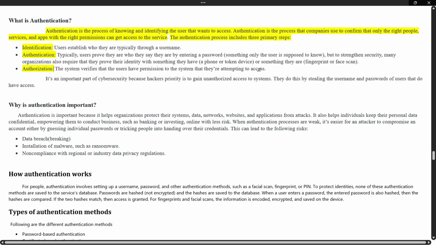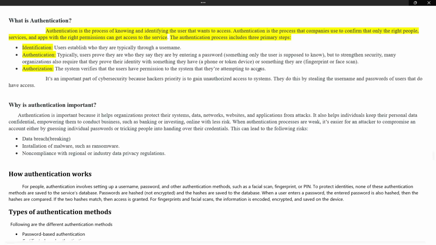So let's jump into a general example to understand authorization. Authorization is nothing but, once the person enters the house, we see whether that person belongs to the host, then he or she will have complete house access.